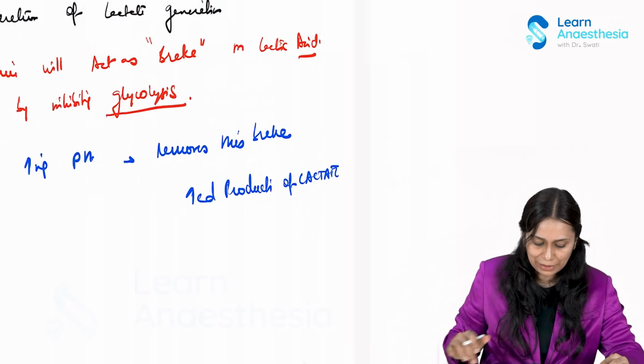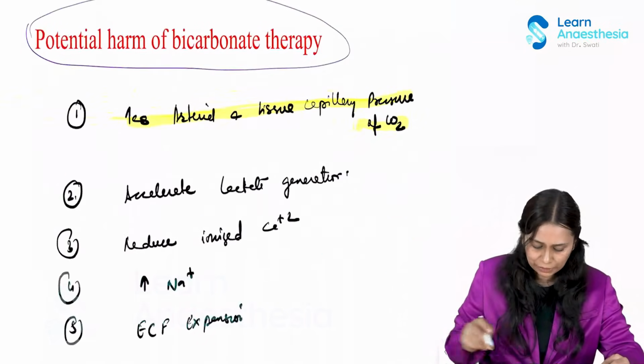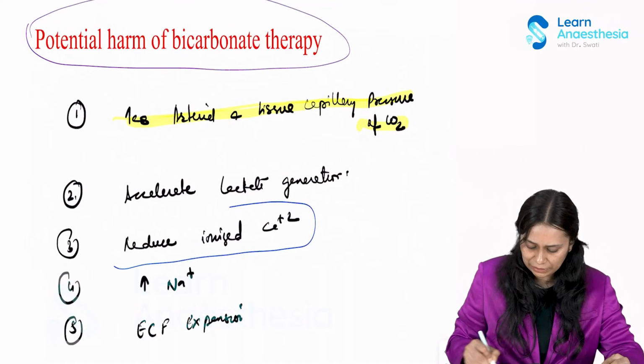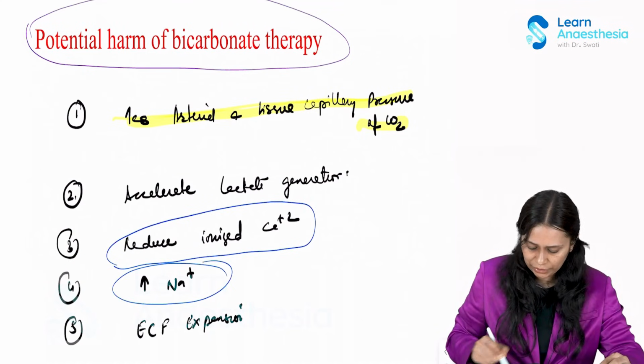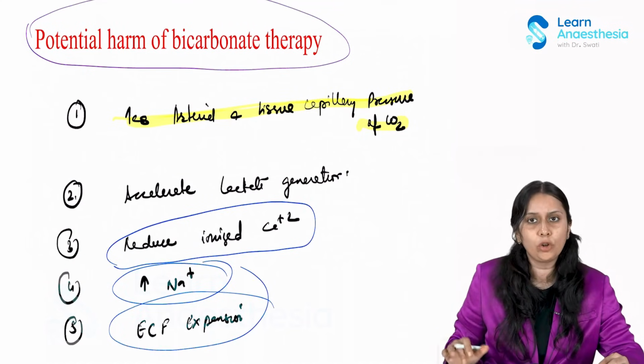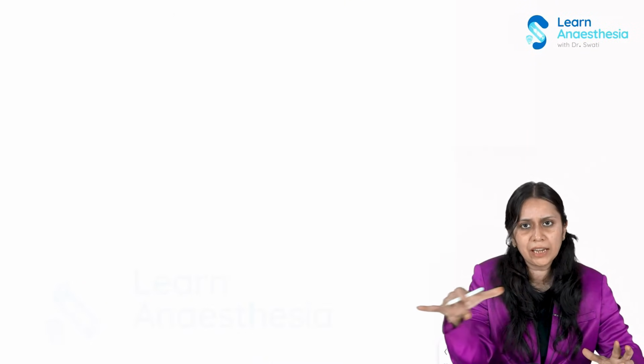Then the third thing I talked about is the effect on ionized calcium, sodium, and the volume. As the pH increases, the ionized calcium reduces. So we need to get a serum electrolyte test done, and we need to correct that calcium.